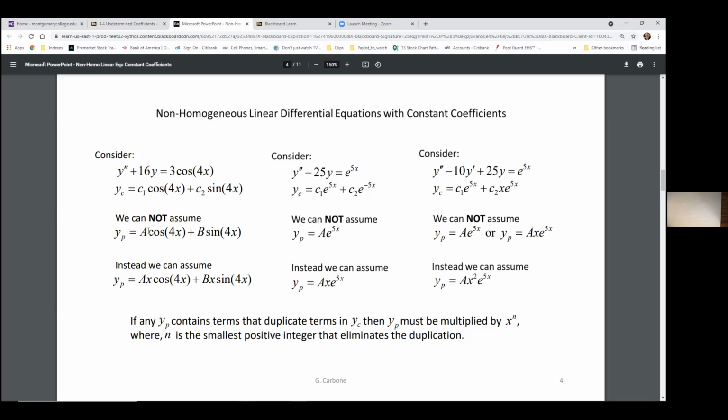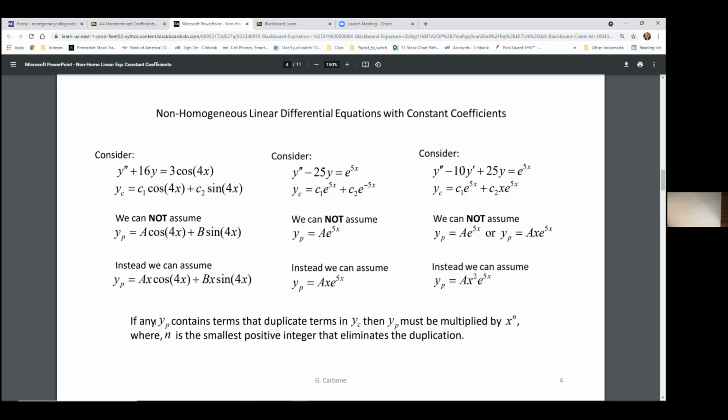I can't assume a particular solution of cosine of 4x and sine of 4x because that would make it linearly dependent. I need a linearly independent solution. So we do our old friend and multiply by x. So for this differential equation, I have to assume a particular solution of ax cosine of 4x plus bx sine of 4x, right?